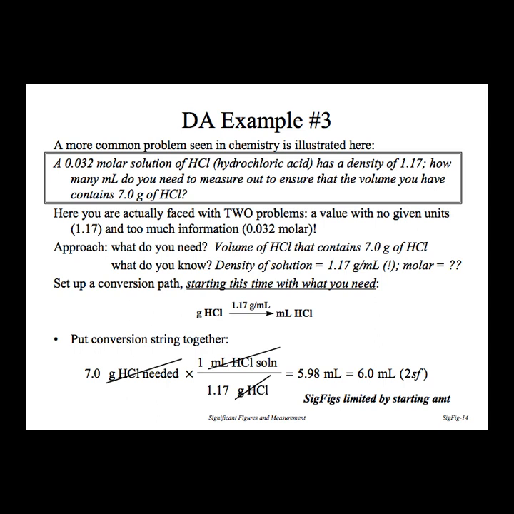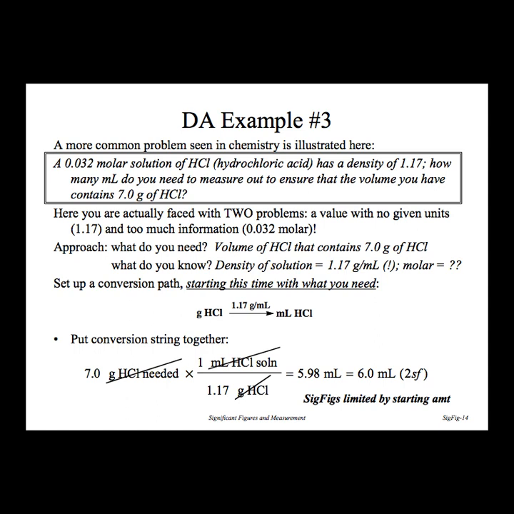Remember, cubic centimeters and milliliters are interconvertible. You just have to kind of know it. You also have to know that molar is moles per liter. These are very common problems that show up a lot.